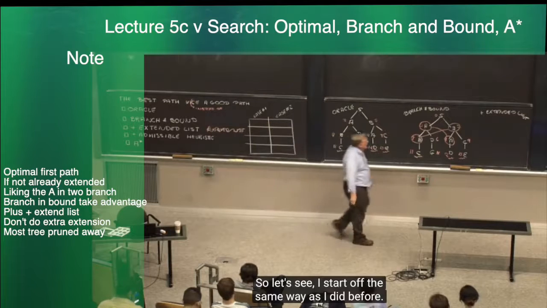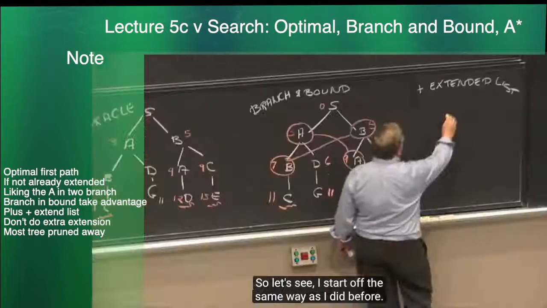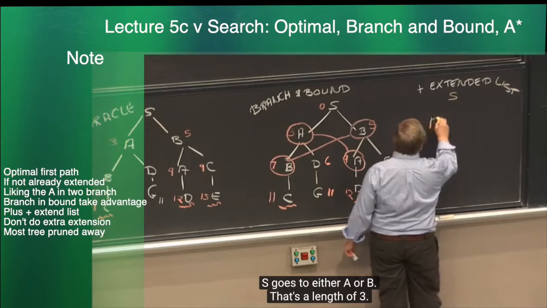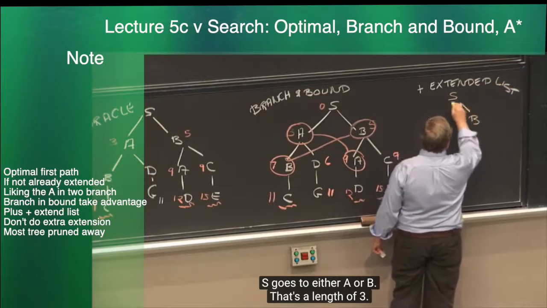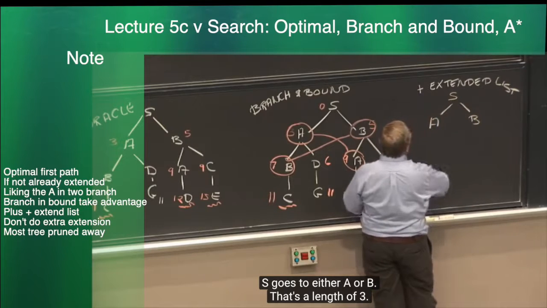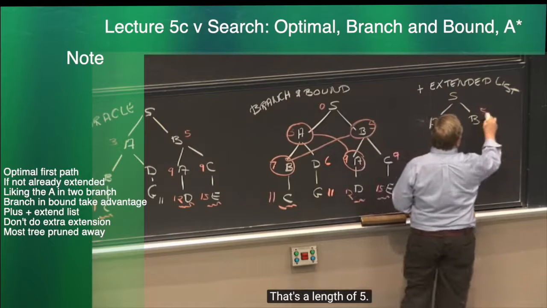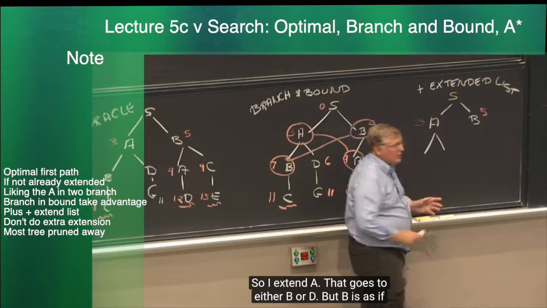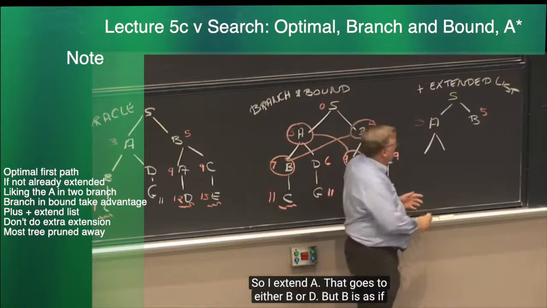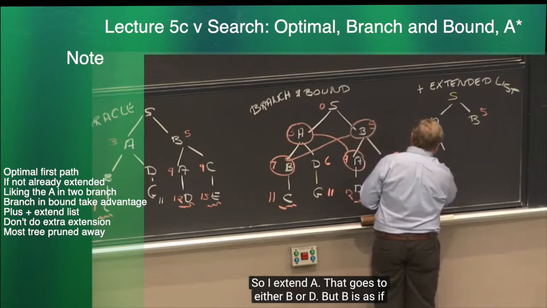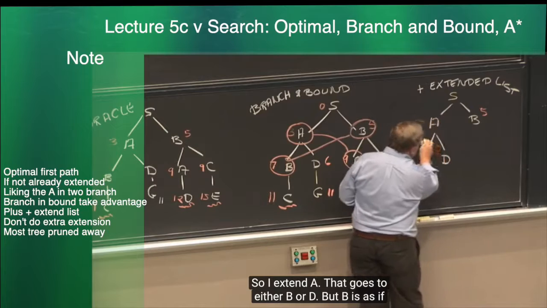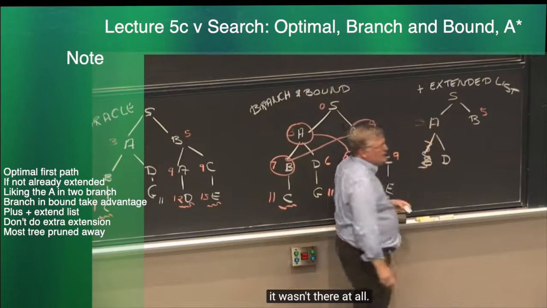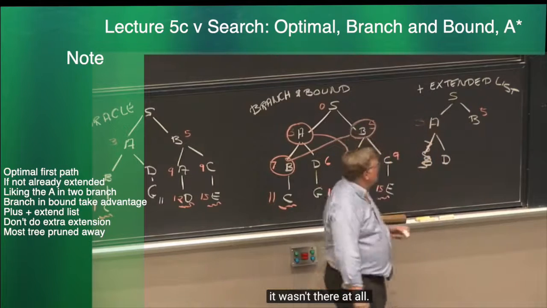So let's see. I start off the same way as I did before. S goes to either A or B. That's a length of 3. That's a length of 5. So I extend A. That goes to either B or D. Oh, sorry.